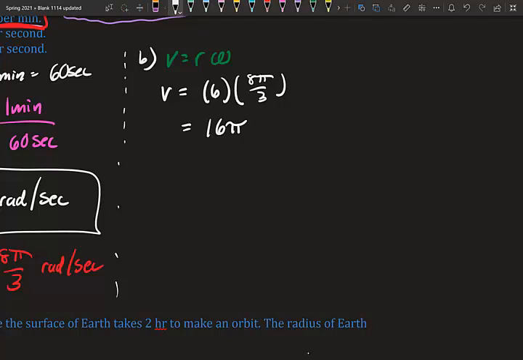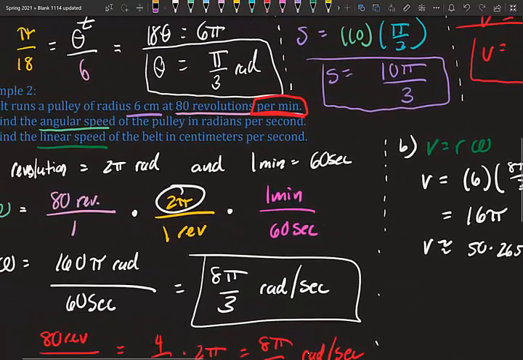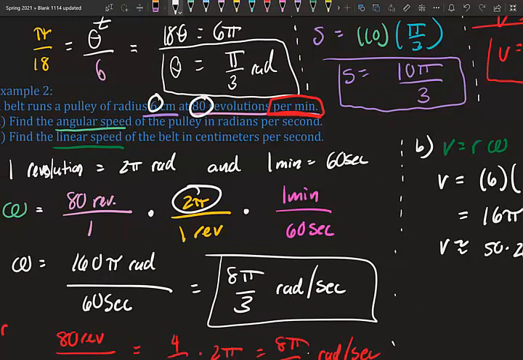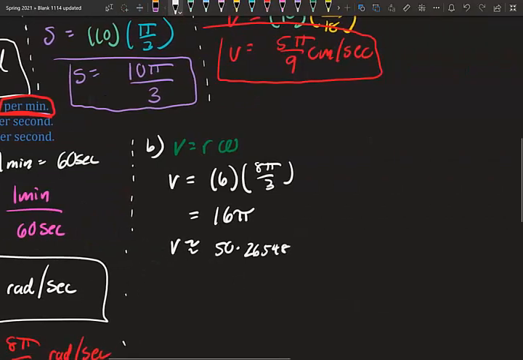We don't know what 16 pi actually is, so let's plug it into our calculator. 16 times pi, we get V is approximately 50.2654825. It goes on forever. So we need to round this using significant digits. Those are one significant digit. So to round this using one significant digit, it would be 50 centimeters per second.